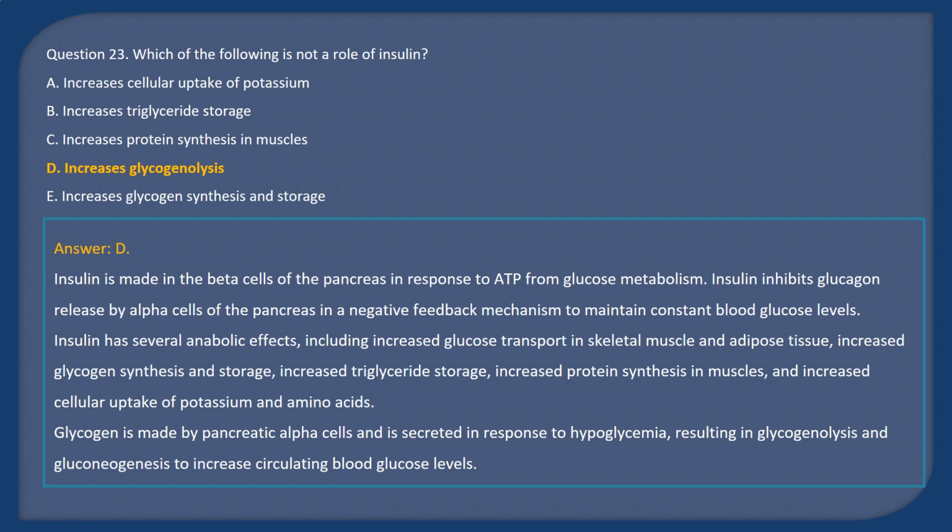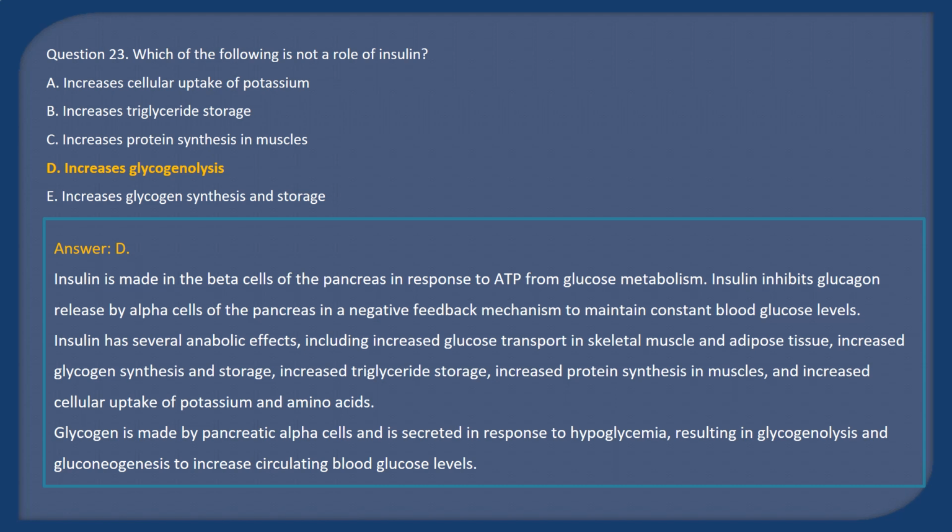Insulin has several anabolic effects, including increased glucose transport in skeletal muscle and adipose tissue, increased glycogen synthesis and storage, increased triglyceride storage, increased protein synthesis in muscles, and increased cellular uptake of potassium and amino acids.